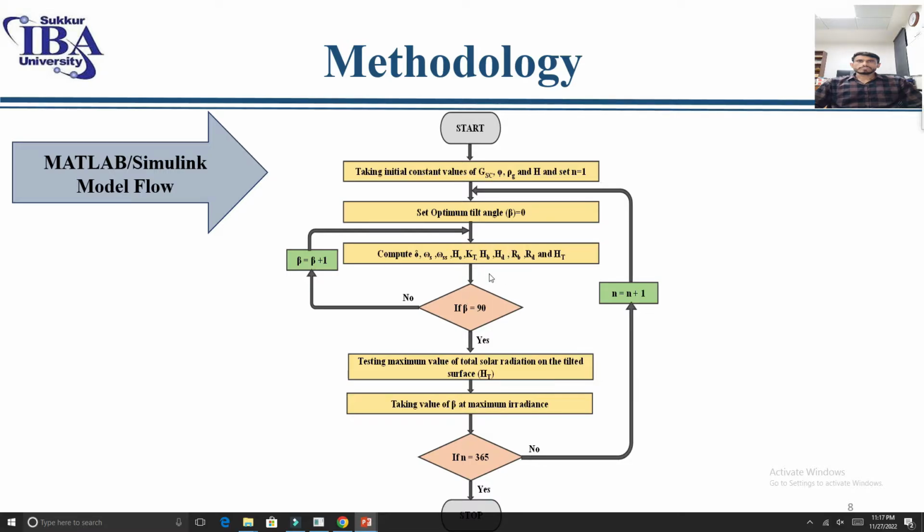And then we will increase the beta value up to 90. We will see how much irradiance there is at each angle, and the optimum tilt angle will of course be the angle which has the most radiation. Then we will see which beta value is receiving more irradiance, and we will terminate our program.